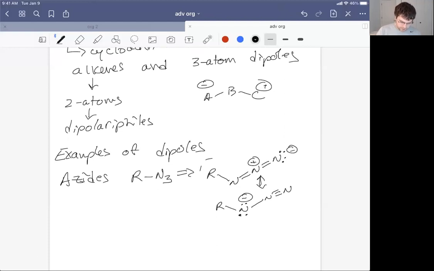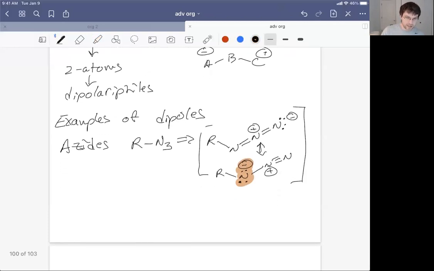And I feel like the second resonance structure more accurately describes the behavior of azides, but these two are resonance structures, and then we have a permanent arrangement of charges amongst these 3 atoms. So anyway, the internal nitrogen, centered between the R group and the center nitrogen, in many depictions is positively charged, and the terminal nitrogen is most often the one that possesses the negative character. That is this one. Okay, so azides are an example of a permanent dipole.